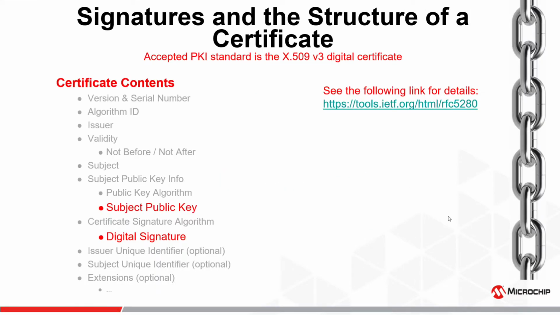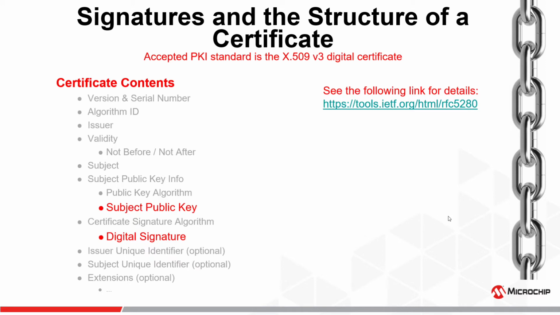What's inside of these certificates? The two most important things inside of the certificate are the subject public key and the digital signature. Using Bob's mom and Alice as an example, when Bob's mom gave Alice a certificate, she took Alice's public key.